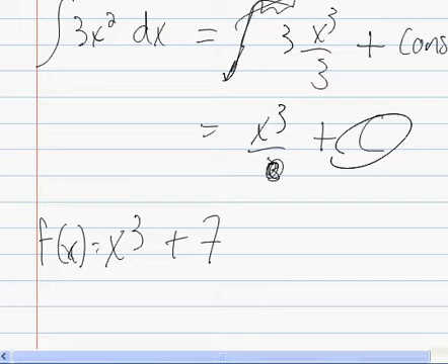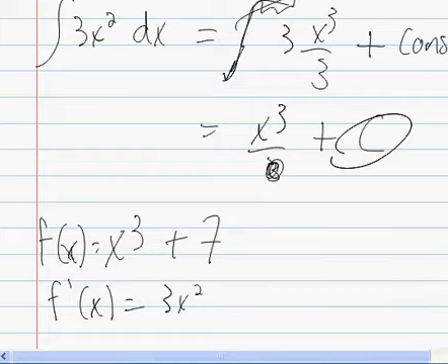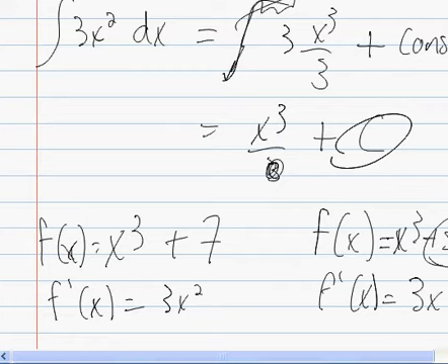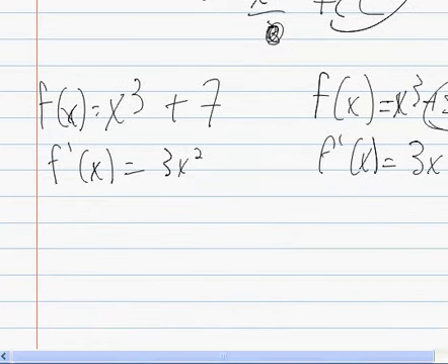Well, the derivative of it would be 3x squared. But if f of x equaled x cubed plus 347, this would still be 3x squared because the derivative of that constant is 0. So it's going to be some constant when you walk back on it.